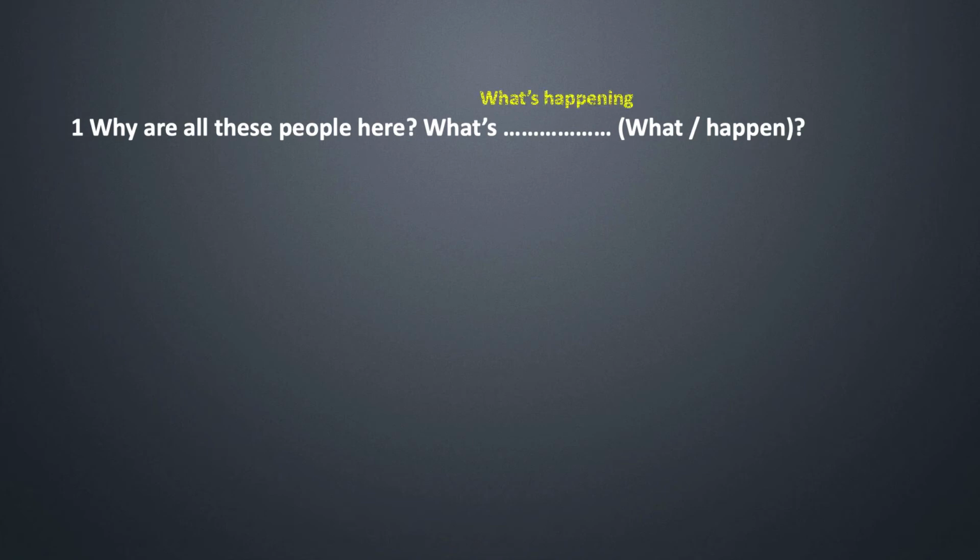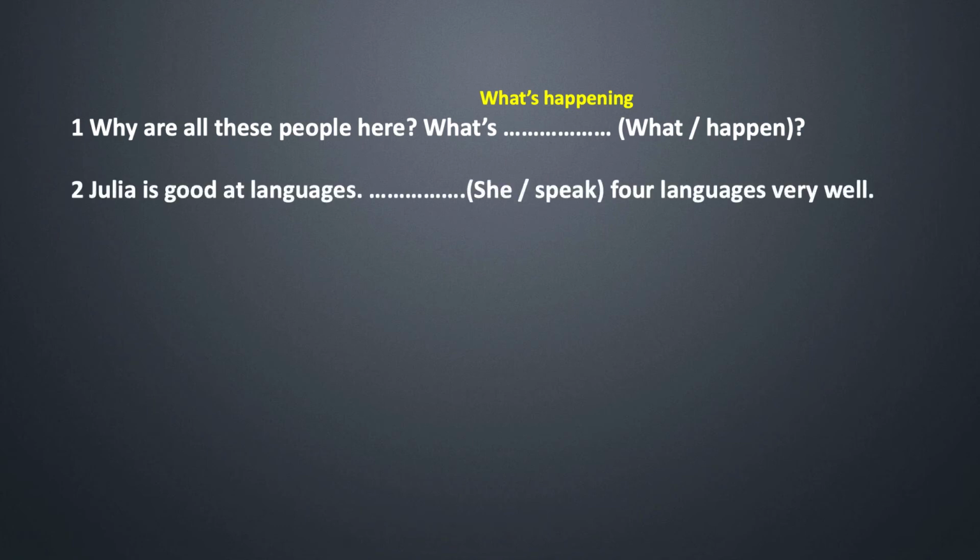That's right, we say, what's happening? Julia is good at languages. That's right, we say she speaks 4 languages very well. And we use the simple for things in general or things that are happening repeatedly.